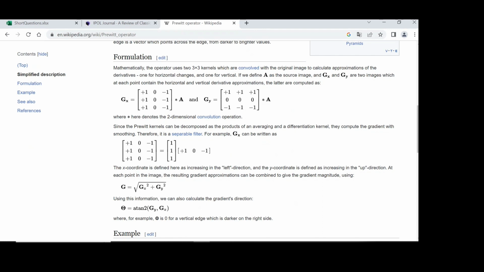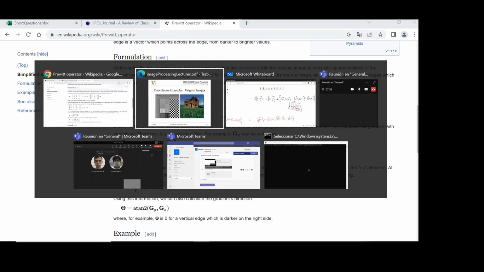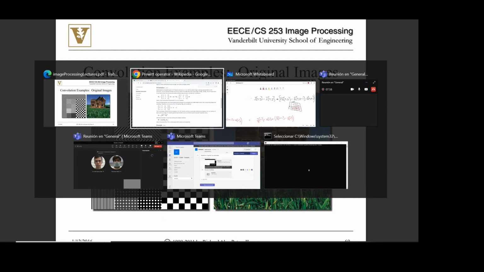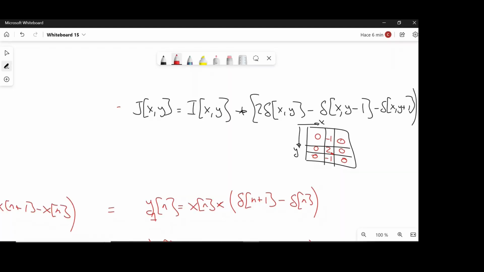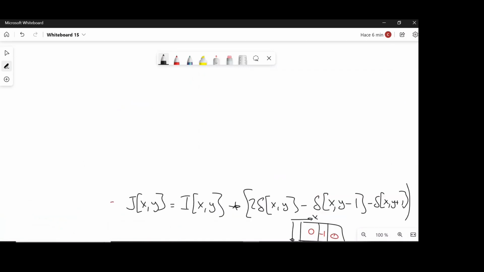The gradient is a vector, okay? So let's remind ourselves what the gradient is. Let's say I have an image. An image is a scalar function: you have x, y, and then the value at x, y.